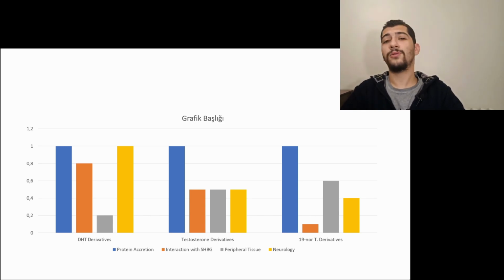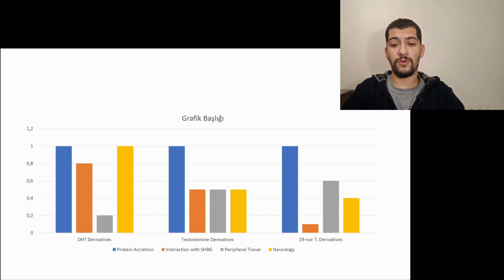But if you take a look at the neurology, neurology is where the DHT derivatives really shine, because DHT derivatives actually improve your neurology. So your skill acquisition actually improves.